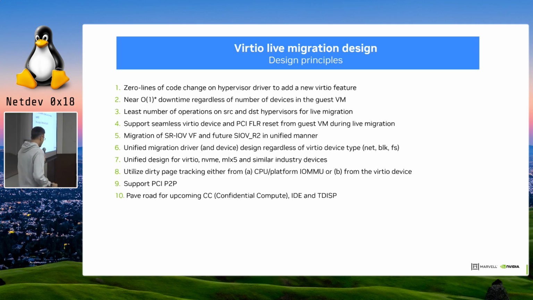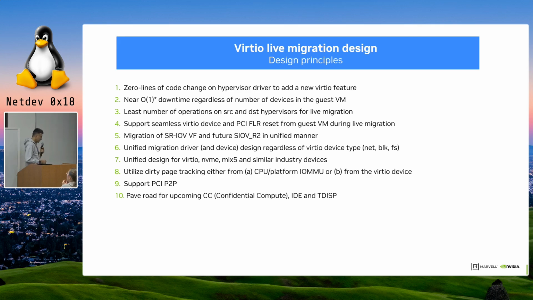So the 10 principles that we started with: we want to have O(1) downtime regardless of the number of devices that we attach to a VM. Because when you deal with hardware, every hardware access or operation that we do is going to take a finite amount of time. And as we add more devices, more queues, downtime should remain nearly constant within our budget of 200 to 400 milliseconds.